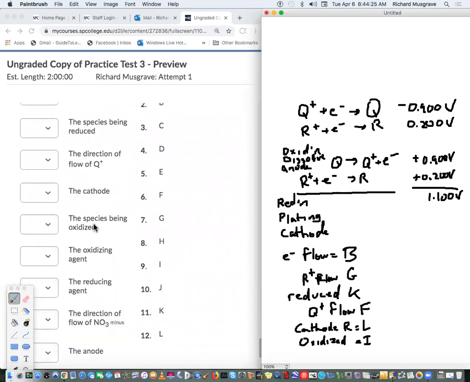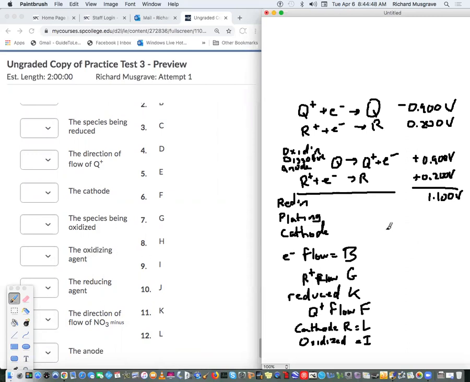The oxidizing agent and the reducing agent. Now, the oxidizing agent is the species being reduced, and the reducing agent is the species being oxidized. The species being oxidized and the oxidizing agent can't be the same thing. The agent means it's what's causing the oxidation, and that's always the one being reduced.